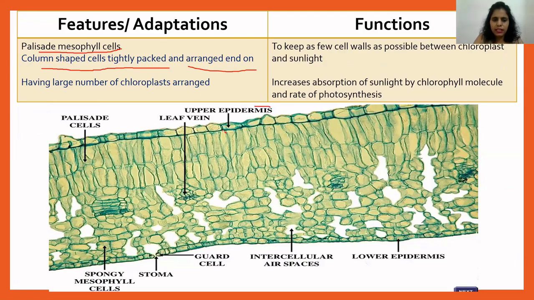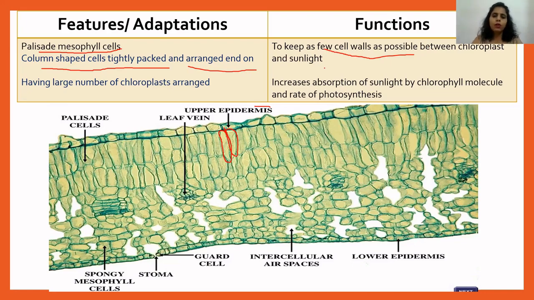The meaning of end on is that they are tightly packed and arranged next to each other, end to end. The benefit of arranging like this is that it keeps as few cell walls as possible between the chloroplast and sunlight.